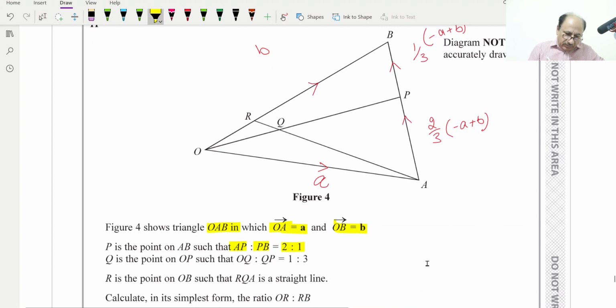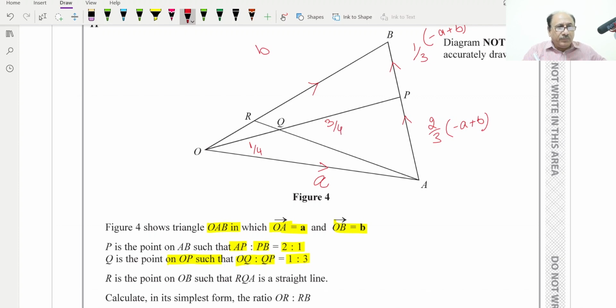Then Q is the point on OP such that OQ ratio QP is 1 ratio 3, which is 1 by 4 and 3 by 4.